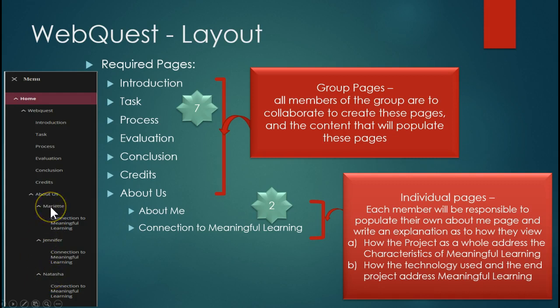And under those sub-pages, I created 1 more sub-page for the connection to meaningful learning. You will see as I go along, I will show you what needs to go on which page. Okay. Hope the layout makes a little bit more sense to you now.